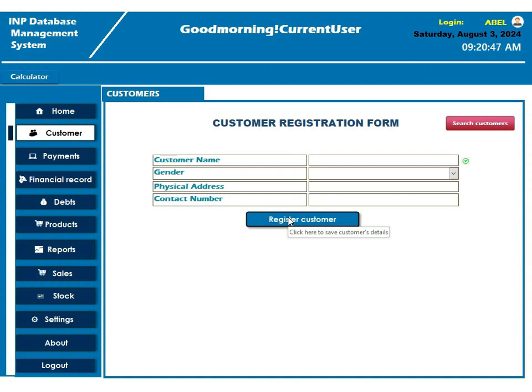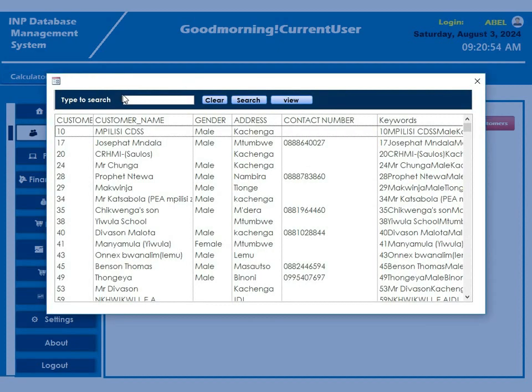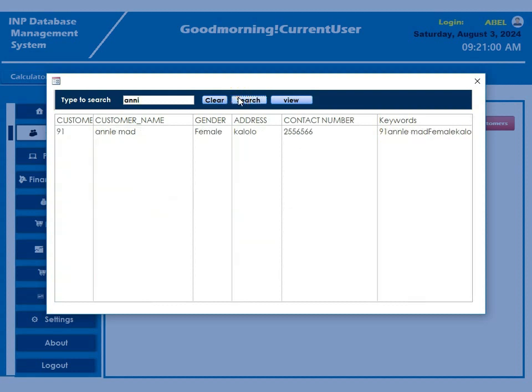How can you know that you have really registered the name? You go on search. So that's Animadi. You can see that indeed the name has been registered.